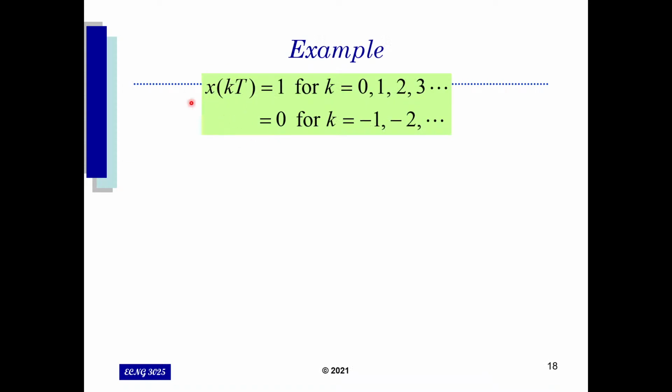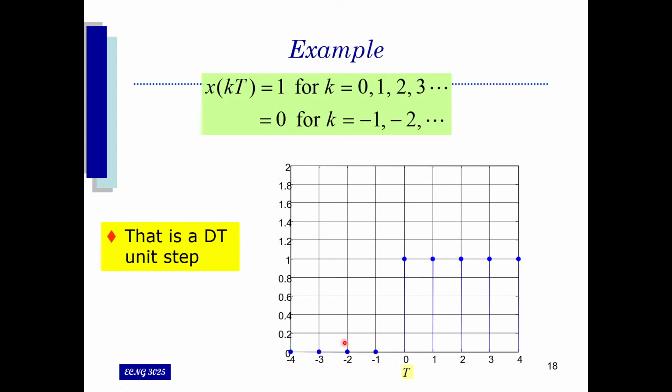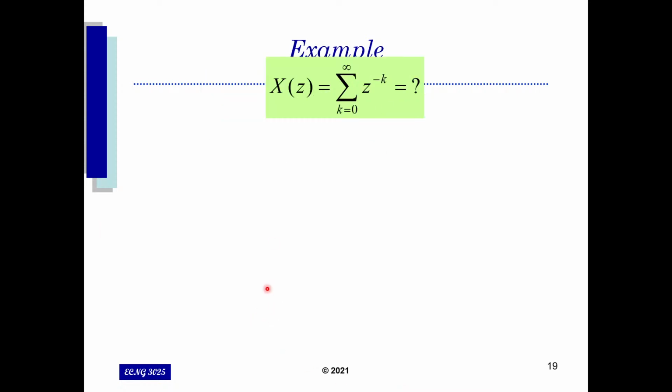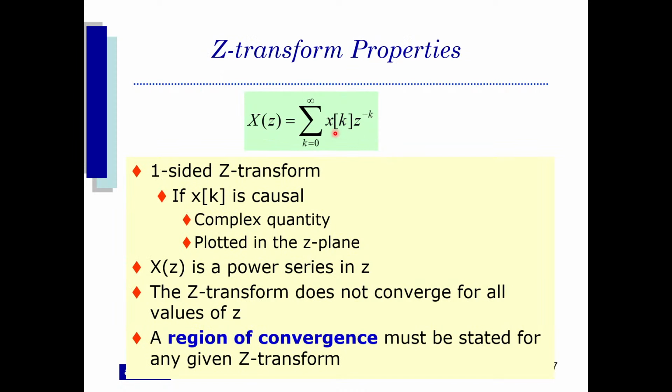So let's start with a simple equation for x of kt here, which is basically going to be our discretized time unit step. For everything k that is 0 or positive, we're going to have a value of 1. For everything k that's negative, we're just going to have a value of 0. Let's plug this into our z-transform equation, which was the summation series between k equals 0 to positive infinity of x of kt, or x of k, times z to the negative k.